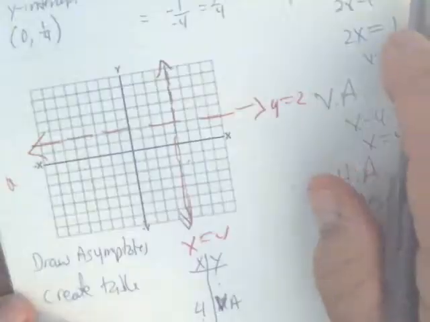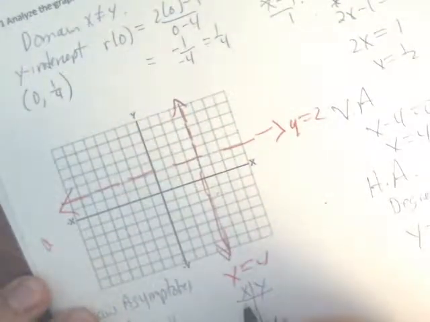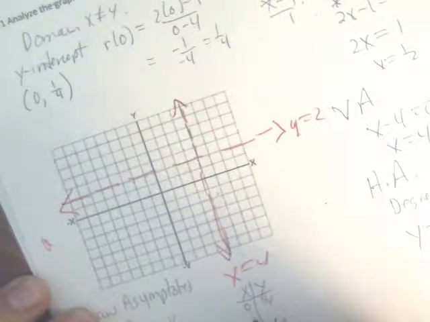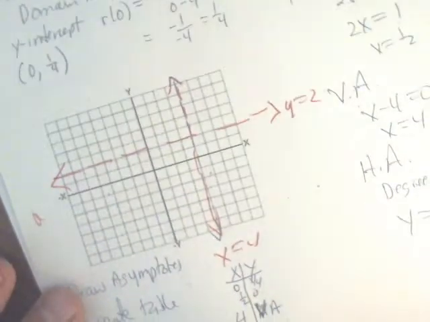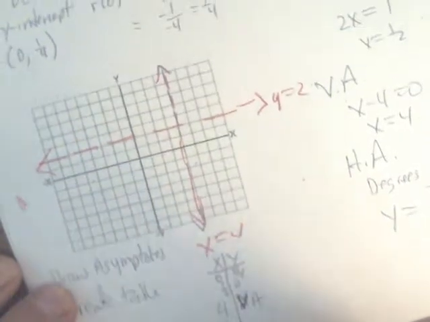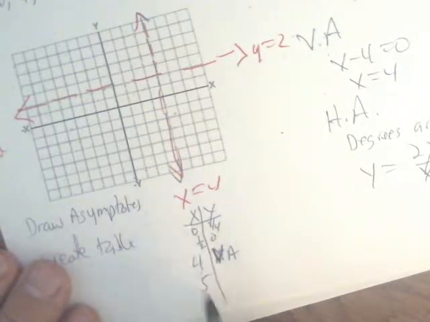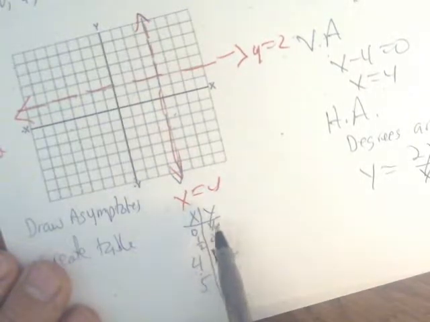Fill in your intercepts. So I've got (0, 1/4) and (1/2, 0), because I need points on either side of the vertical asymptote. So I've got points smaller, and I choose one that's bigger.